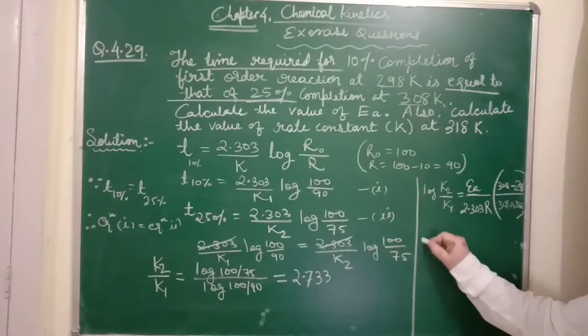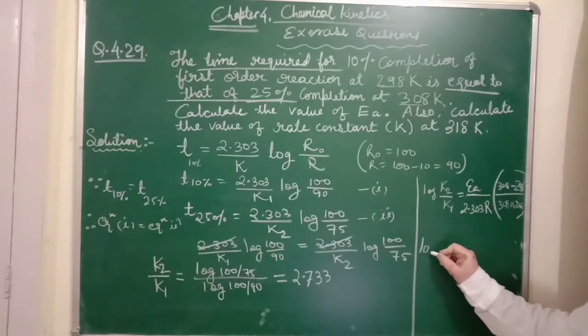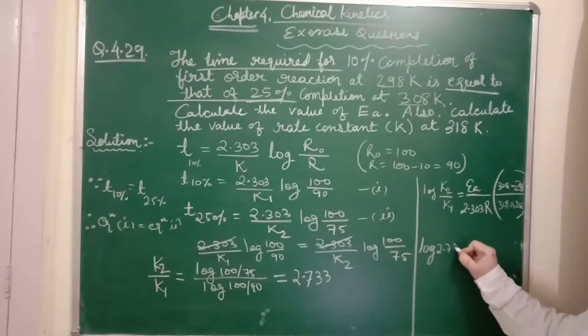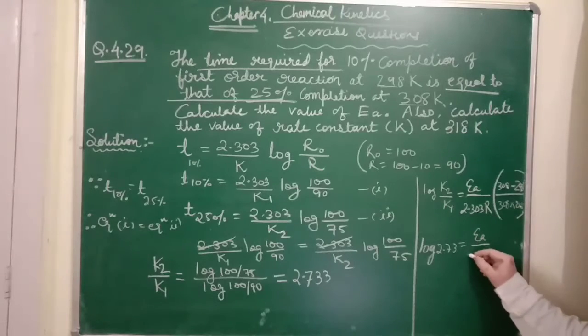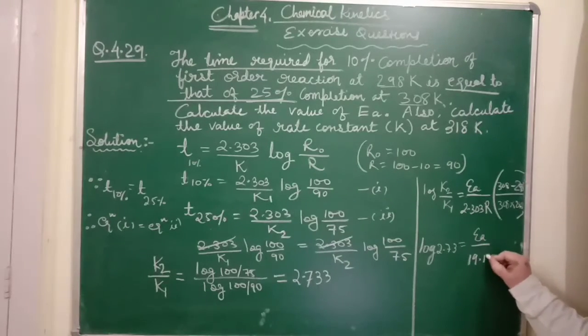So now the value of k2 by k1 is known to us, 2.733, is equal to Ea by this value, which, as I had told you, is going to become 19.15.